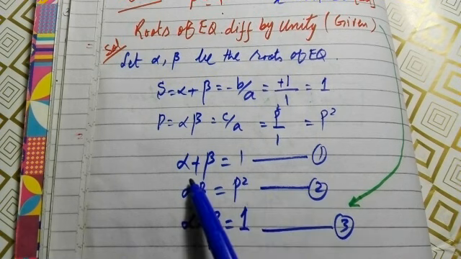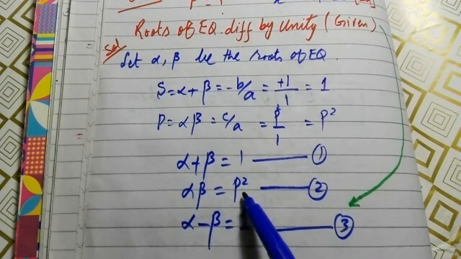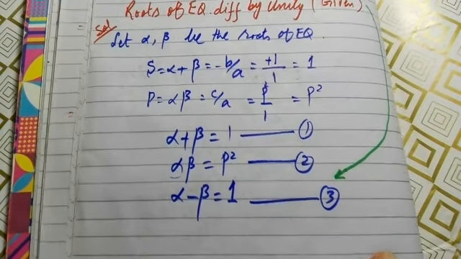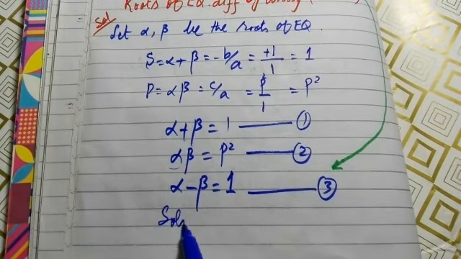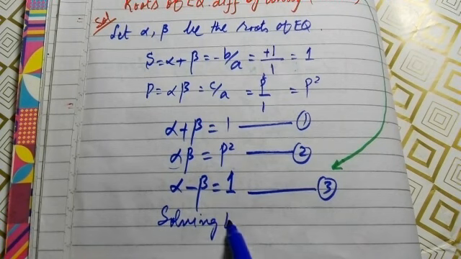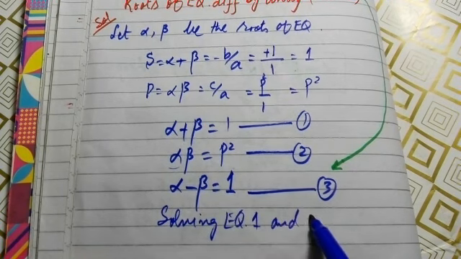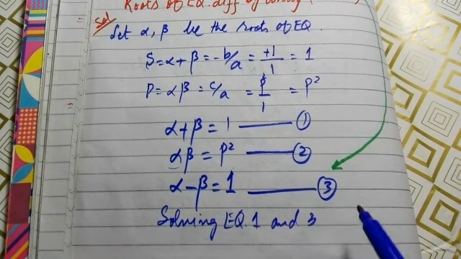So we will be able to find the value of p once we substitute the value of alpha and beta. I will just write it here and solve it on the next page. That's solving equation number 1 and 3. First we will solve it. Now I am going to solve it for you.